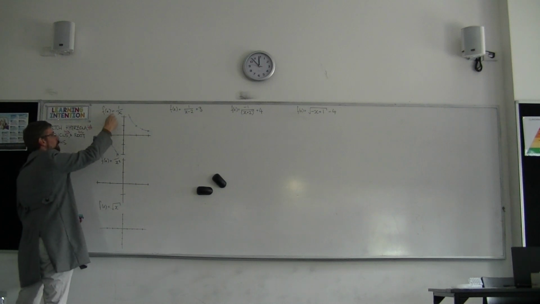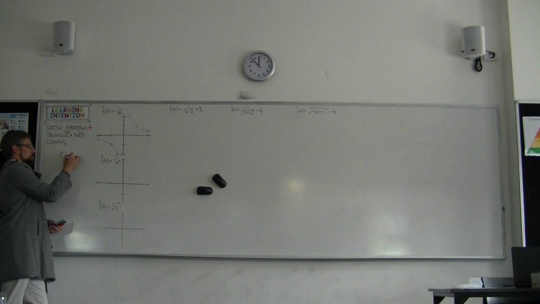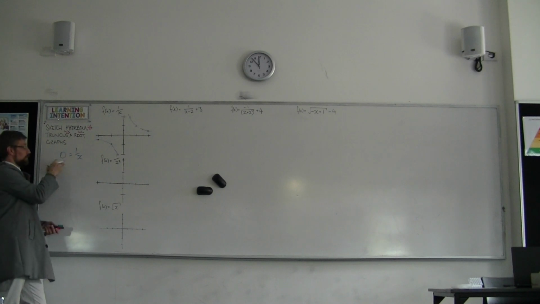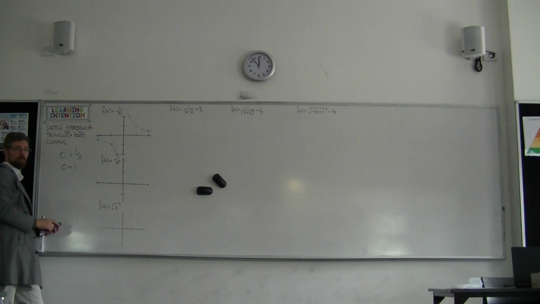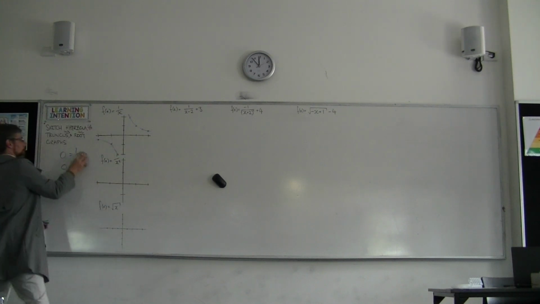Okay, 0 equals 1 divided by x. If I try and apply algebra to that, I'll just times by x. Alright, great. Oh dear. So what's that trying to tell me? There's no answer. Right, there is no real solution to this.